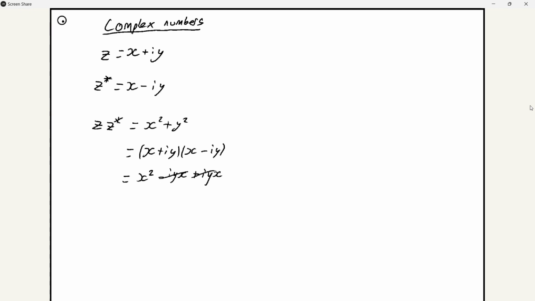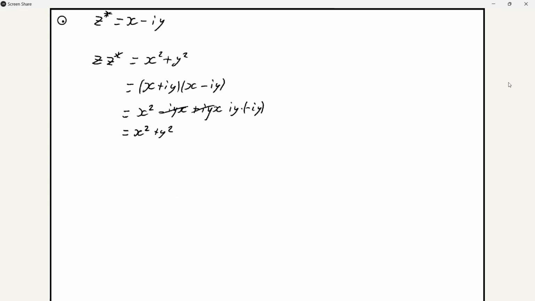Now we have iy times minus iy. Remember i times i is minus 1, but then we're multiplying it by minus 1 to just get 1. So positive 1. In the end we get x squared plus y squared.